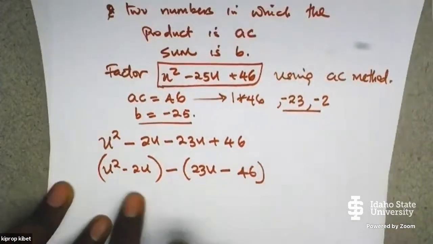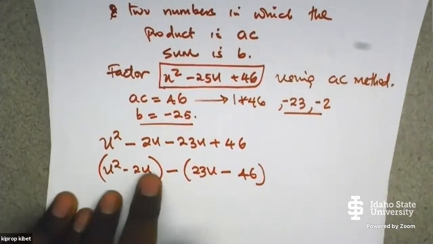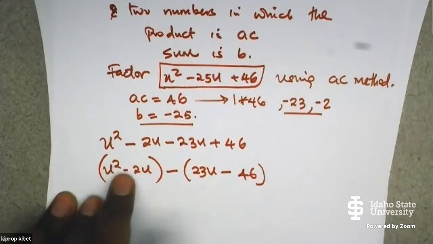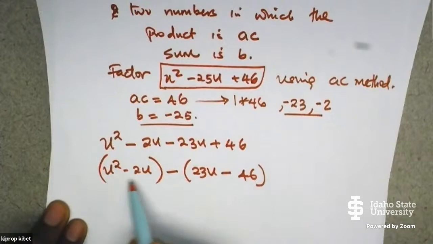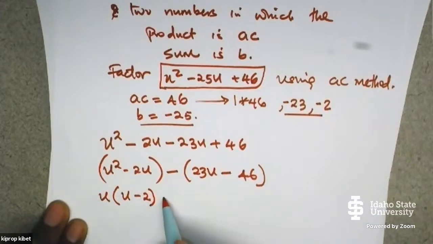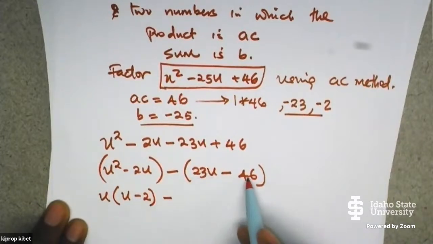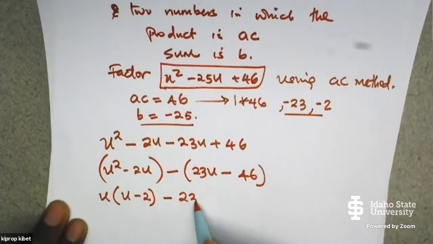Now, this we have now grouped. Now we need to factor out the greatest common factor in each one of them. For the first one, what is the greatest common factor? It is u. So what remains is u minus 2. For the next one, what is the greatest common factor? 23.